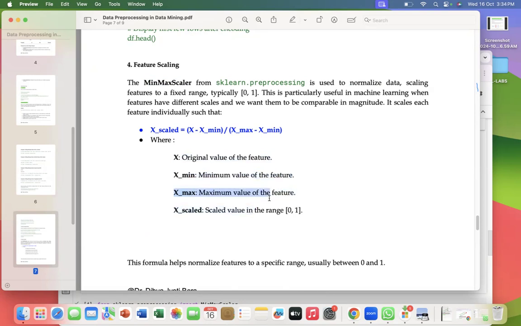Suppose your values are 70, 30, 40, but you want all of them mapped into one particular range, say 0 to 1. In such cases, we use this min-max scaler function. Whenever you write a research paper, you have to write the equation only. So this is the equation, and this is what I am going to use now.